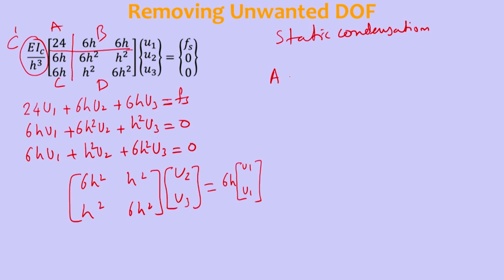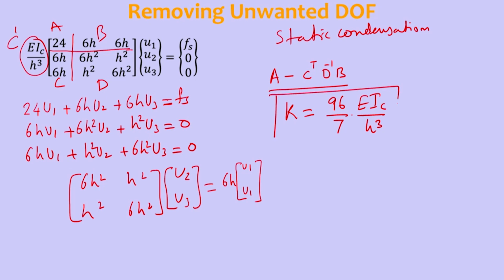So A minus C transpose D inverse B. Okay. So if we work out this matrix operation, then we will get finally only this equation. So that final equation will be that K equivalent is 96 by 7 into EI column by H cube. So this will be the equivalent stiffness after this matrix operation.